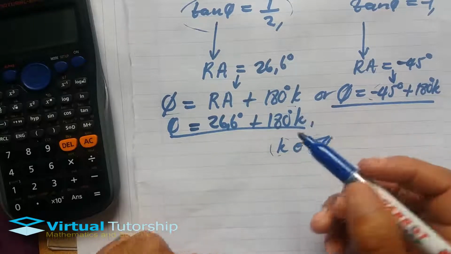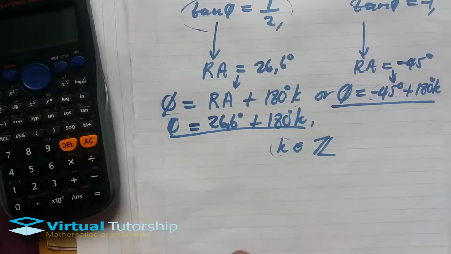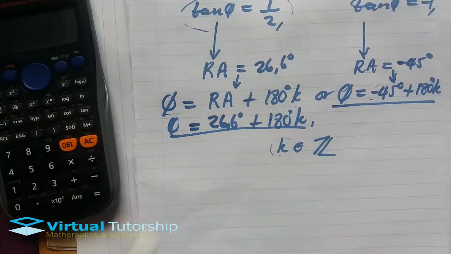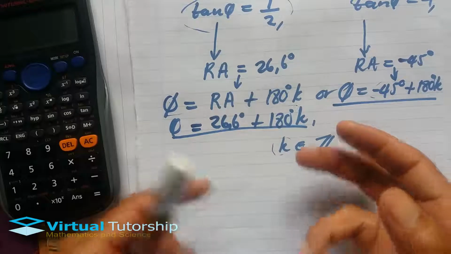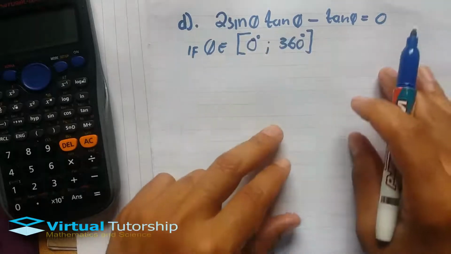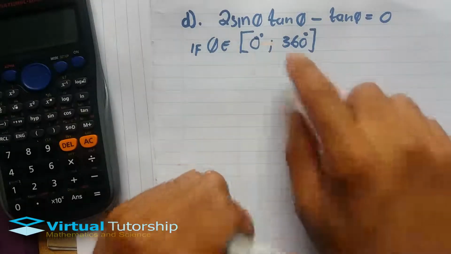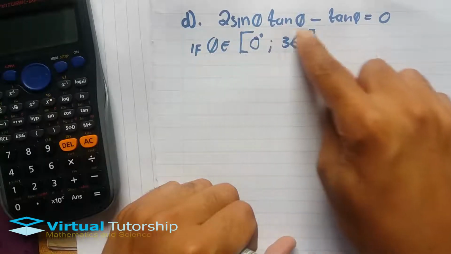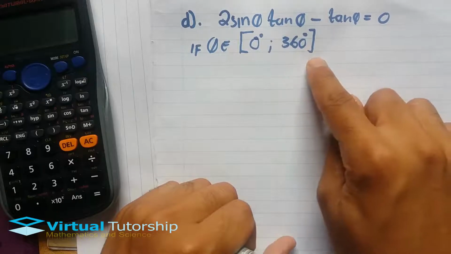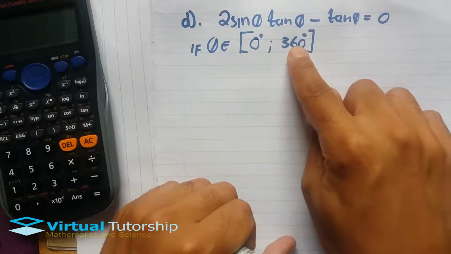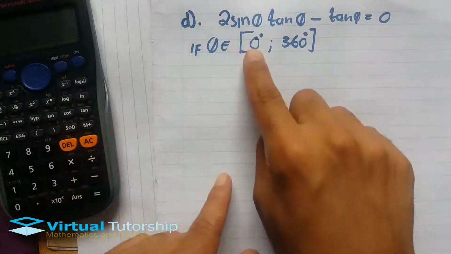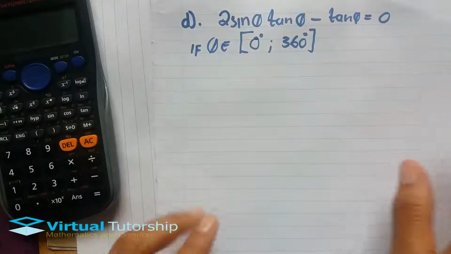When I substitute a value of k, a value of theta in degrees comes out, so the solutions are many. That's why we call it a general solution. But for this question we want to know the solutions of this equation for the restriction between 0 degrees and 360 degrees. So find the general solution first, then find the solutions between 0 and 360 degrees.